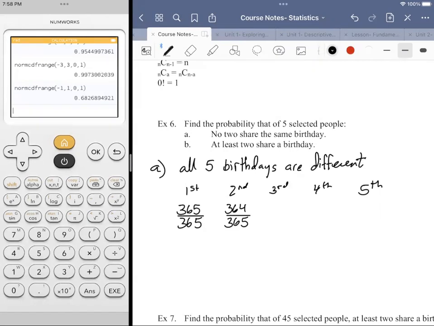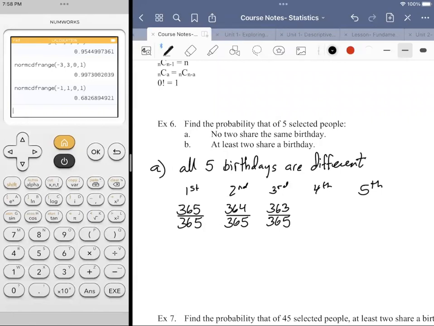The third person can be born on any day except for the 2 days that are already accounted for, which means there are only 363 days left for that person. The fourth person could be born on any day other than the 3 days that are already accounted for. It doesn't matter what the 3 days are. It could be January 1st, February 25th, and September 9th.